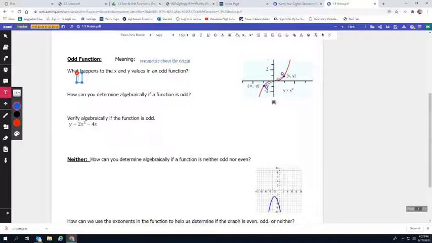So what happens to the x and y values in an odd function? For every ordered pair, so every x, y, a negative x, negative y exists.